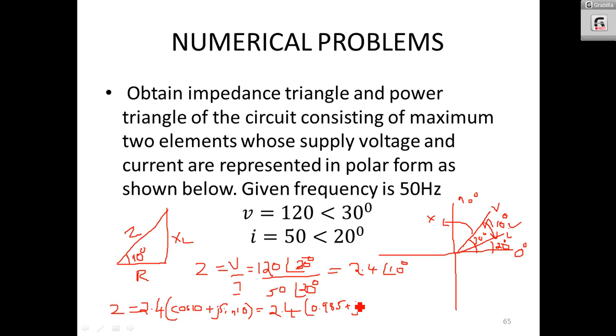Sin 10 is 0.174. Therefore, impedance is 2.4 into 0.985, which is 2.364, plus j into 0.174 into 2.4, which is 0.4176 ohms.